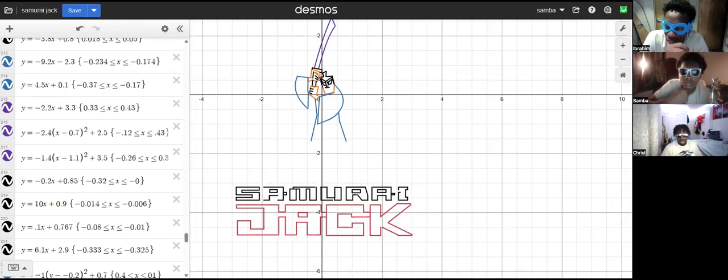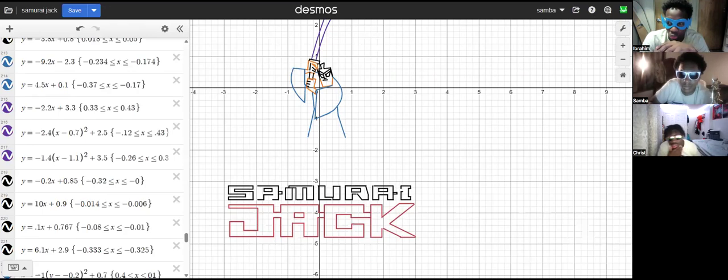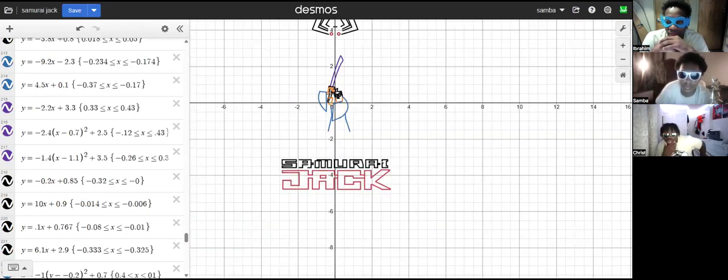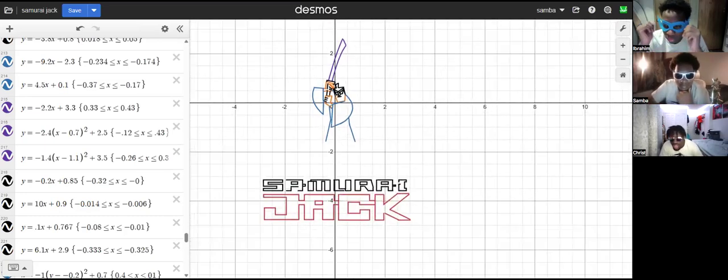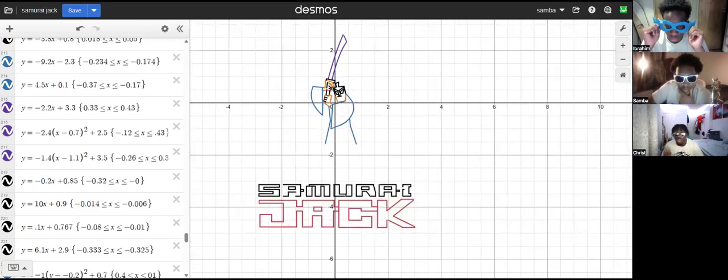Chris, what is one thing that stands out in our artwork? One thing that really stands out is Samurai Jack itself, the title. As a samurai, you have to be very precise with your cuts. The letters are pretty precise to make out Samurai Jack.